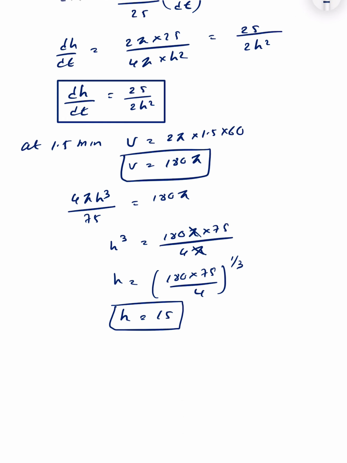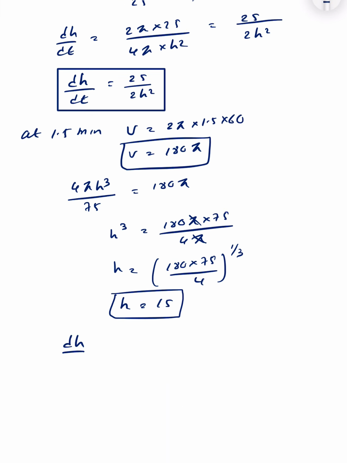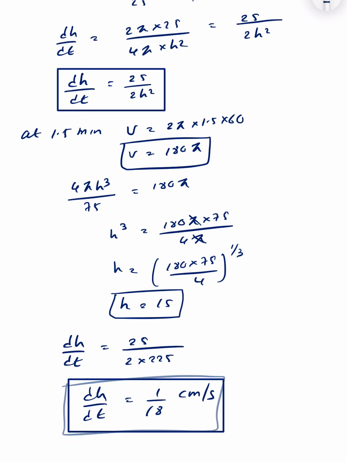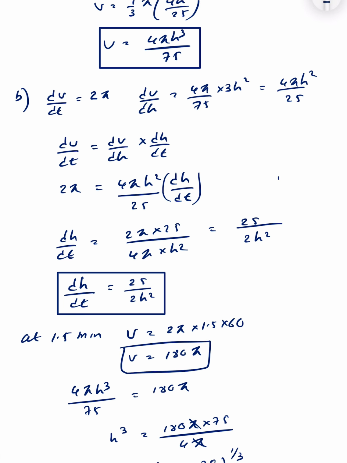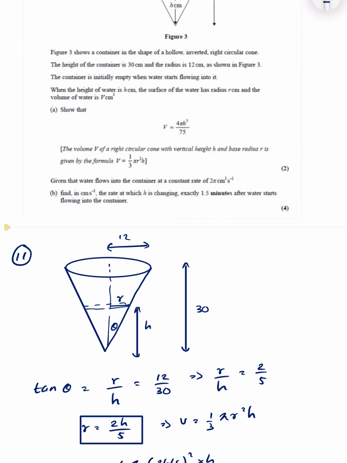So now we can find dh by dt is 25 over 2 times 225, which should be 1 over 18 centimeters per second. So that is the rate of change of height for part B, which is also 4 marks.